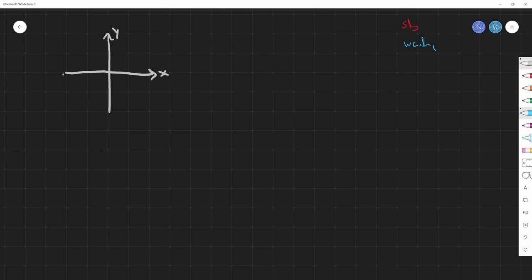But wacky sounds like a fun word, so in standard bases we have our j hat and i hat, which is 0, 1 and 1, 0. So we have our 1, 0 i hat, and then our 0, 1 j hat.